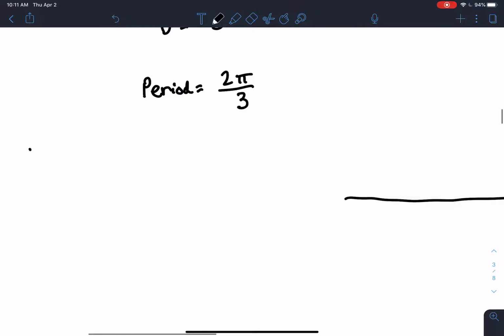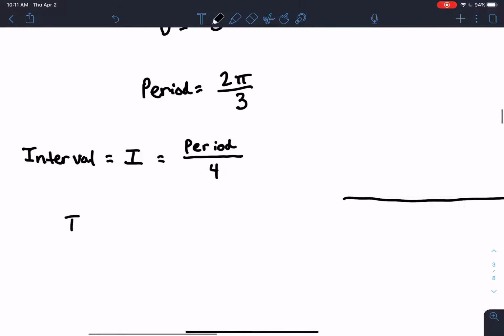So your interval, which I'm going to call the letter I for interval: you're going to take your period and divide it into 4 sections. This will help you label your x-axis. It'll tell you how much you're going to go up by each time.